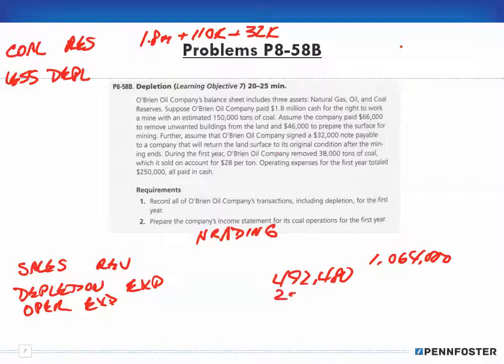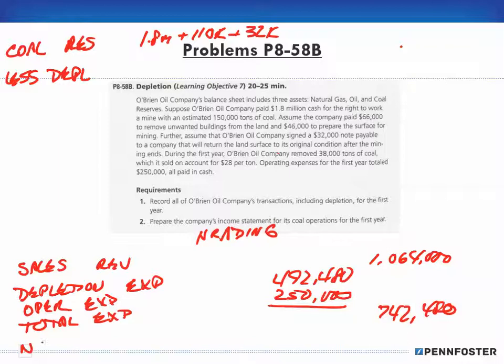We had operating expense for $250,000, which gives us a total expense of $742,480.